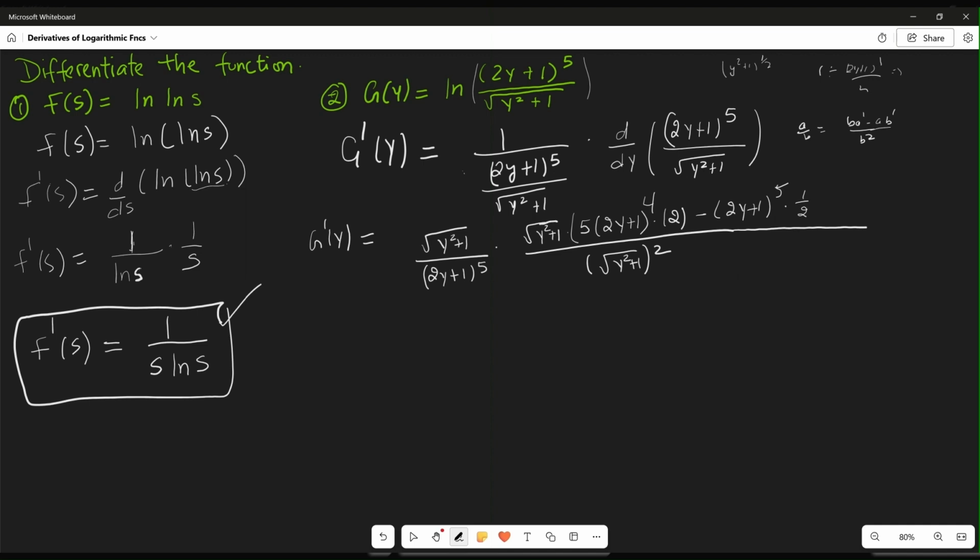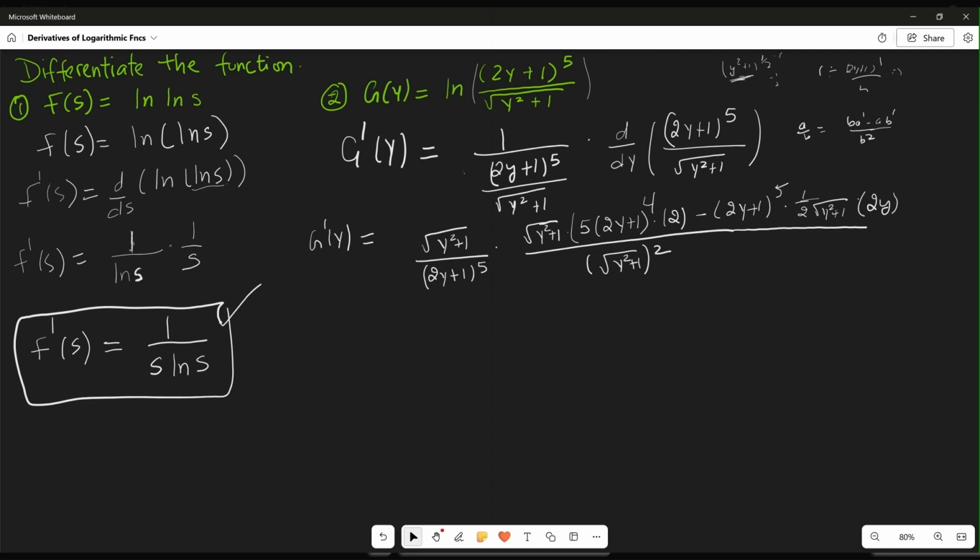And this is going to be divided by y square plus 1, since we subtract 1 from the power, so it's going to be negative half on it. Don't forget the derivative of the inner function as well, which is 2y, and derivative of the constant 1 is 0.